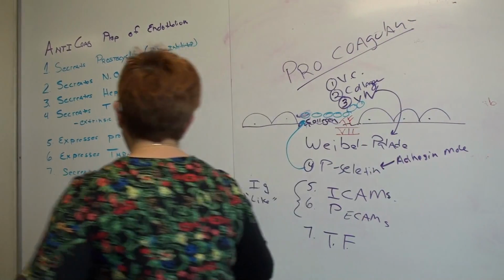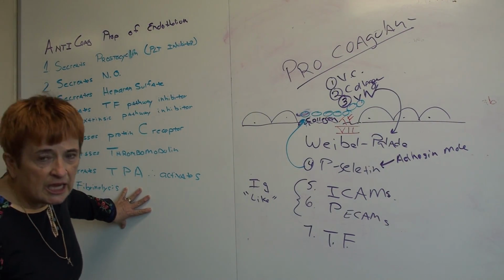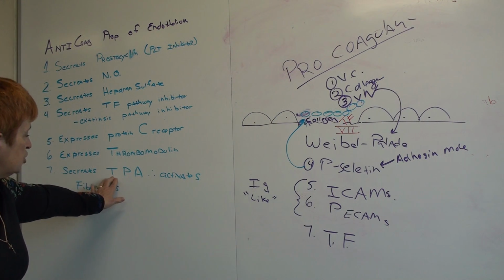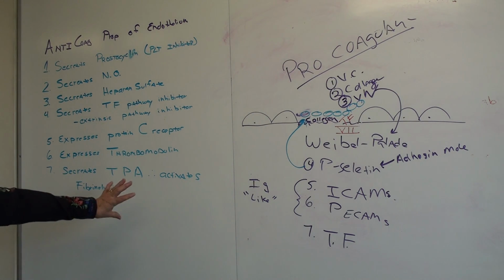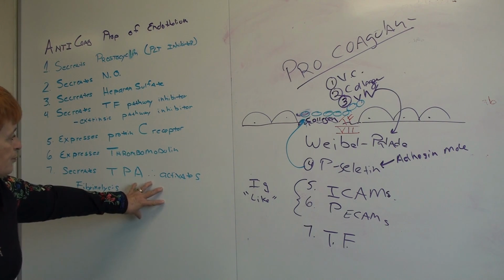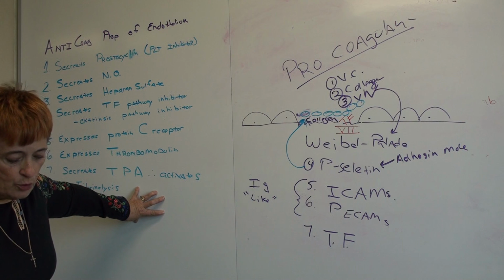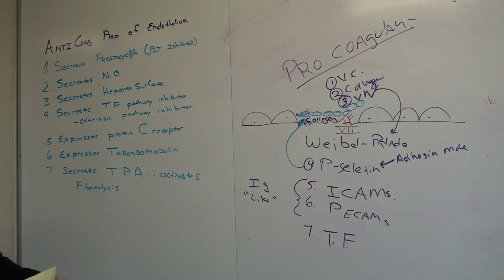Okay, so over here, I mentioned that the endothelium can secrete tissue plasminogen activators, right? And this particular portion right here is going to help in my fibrinolytic system, okay?